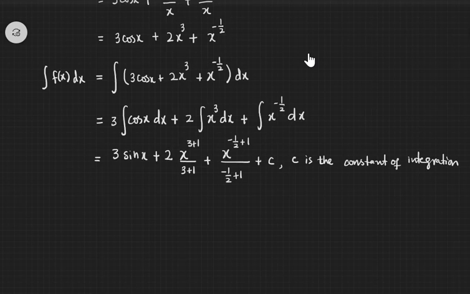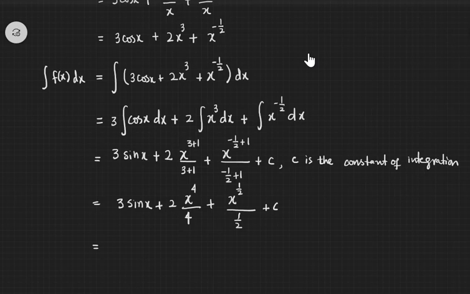Okay, I will further simplify this as 3 times sine of x. This will be written as 2 times x power 4 divided by 4, plus this will become x power minus 1 upon 2 plus 1, which becomes 1 upon 2, divided by 1 upon 2, plus c.